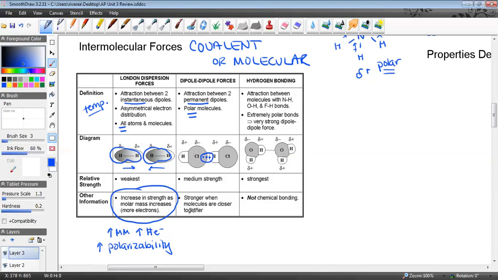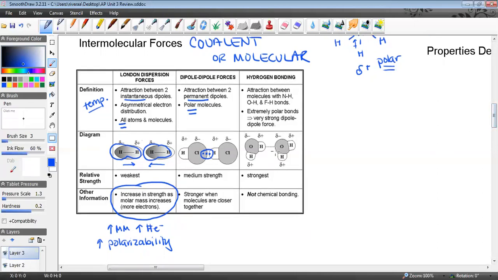Now, this particular chart says they are stronger when the molecules are closer together. I mean, that's true, obviously, for any charged situation. When the distance between the charges is lesser, you're going to have a stronger attraction. So yes, this is true, but I also want you guys to recognize that these also get stronger when there is an increase, I'm writing an increase arrow and the word bigger, in what we call the dipole moment.